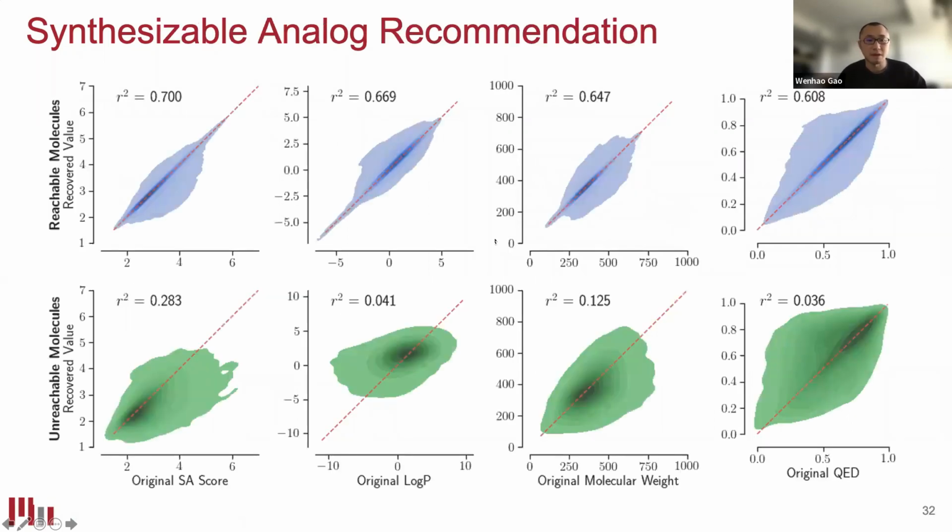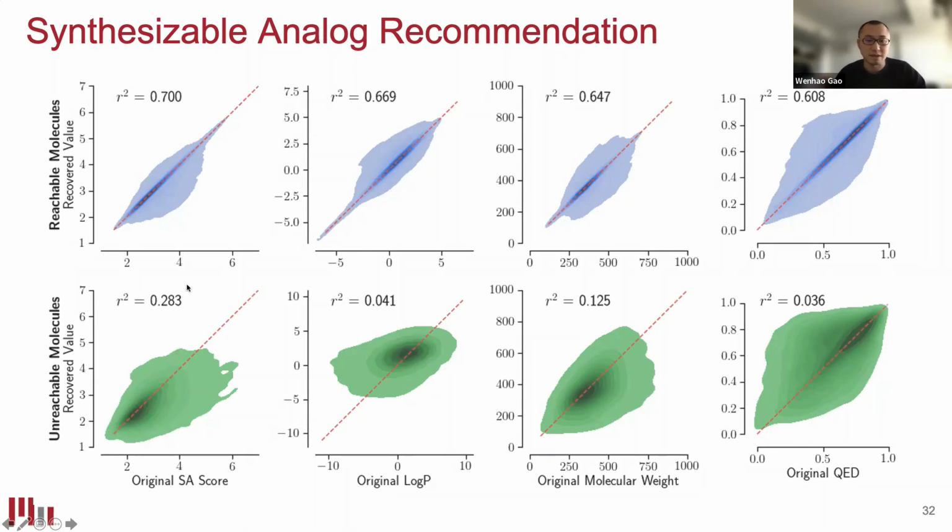And here, what I'm showing is the correlation between some common properties of the target molecule and the output molecule: SA score, logP, molecular weight, and QED. In each graph, the x-axis is the property of the input molecule, and the y-axis is the property of the output molecule.